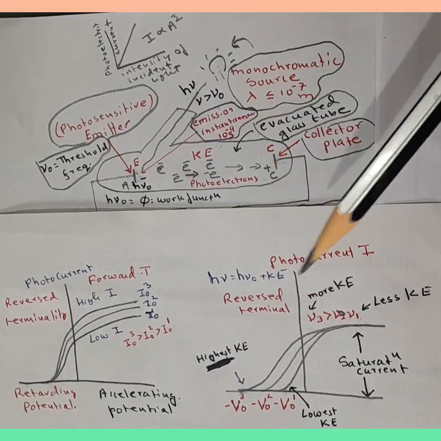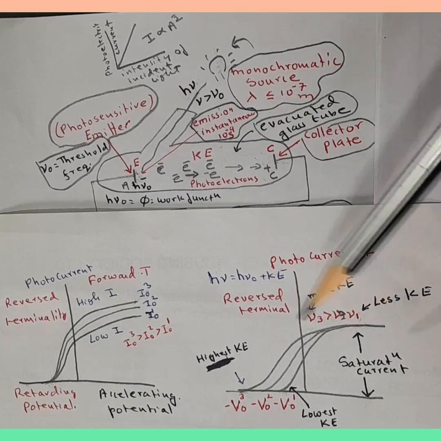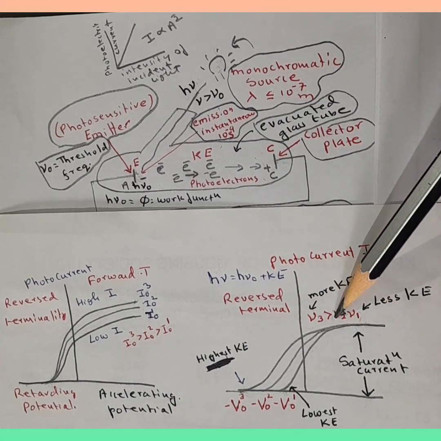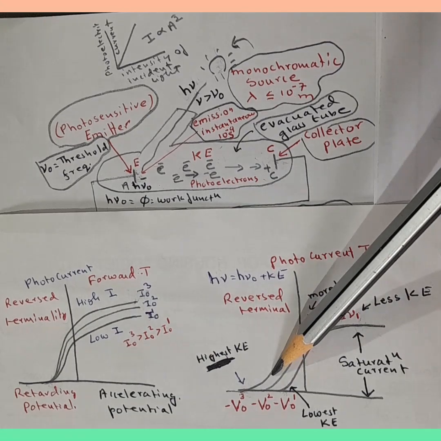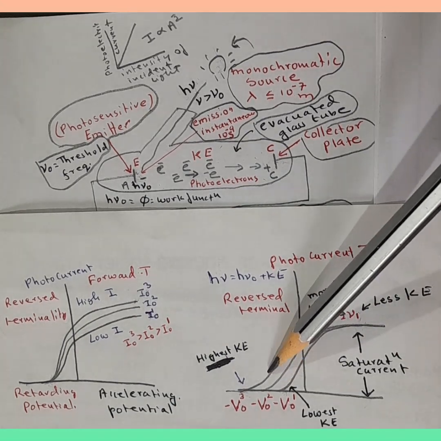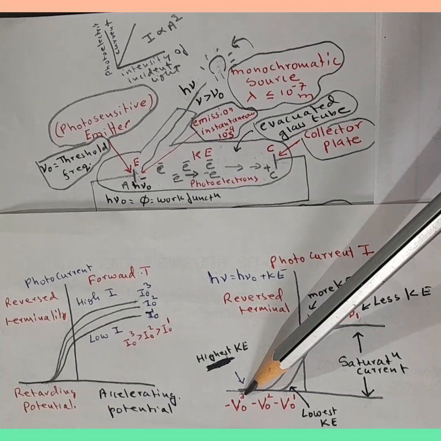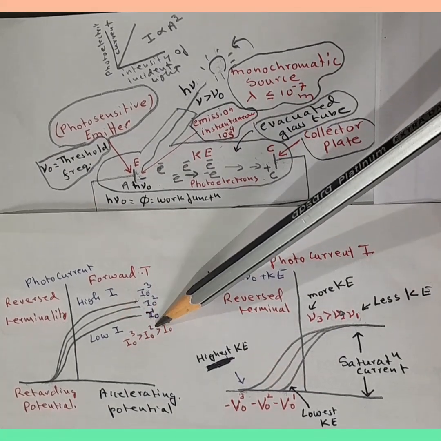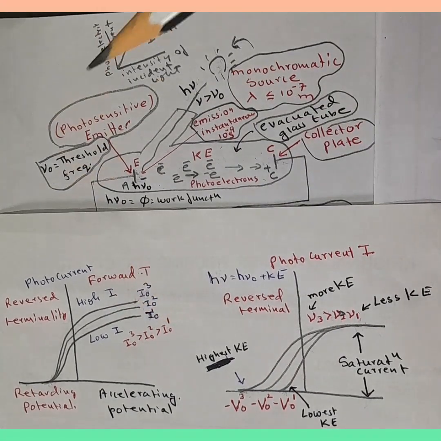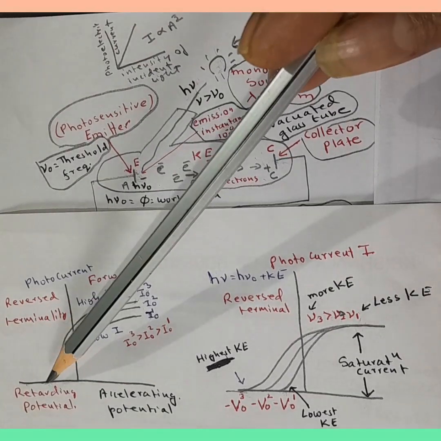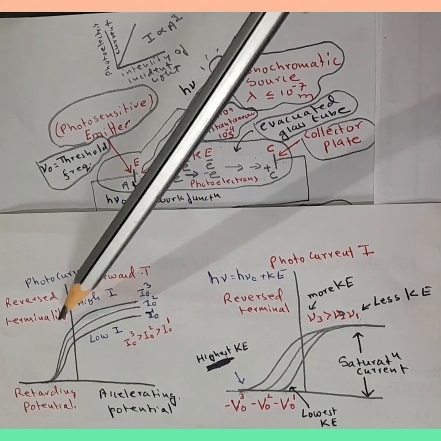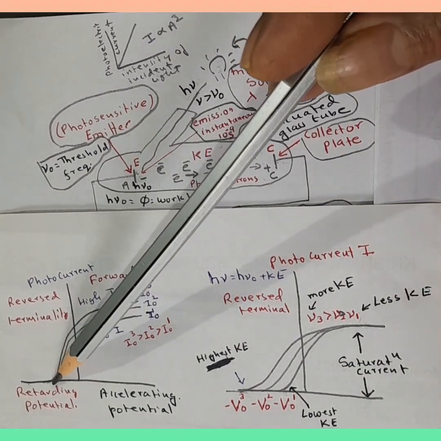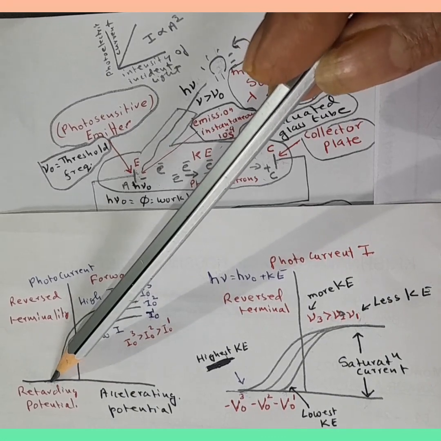So what we conclude is that with a change in frequency, the saturation current remains the same, but the stopping potential is different. For higher frequency, the stopping potential is higher. Whereas in the case of intensity, we found that in the retarding potential, no matter whatever the intensity, the stopping potential was the same.